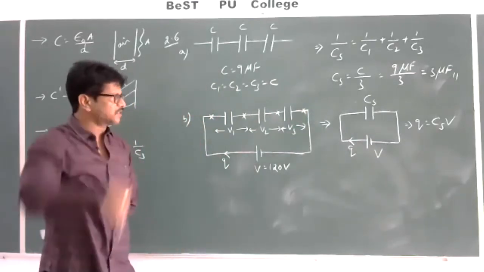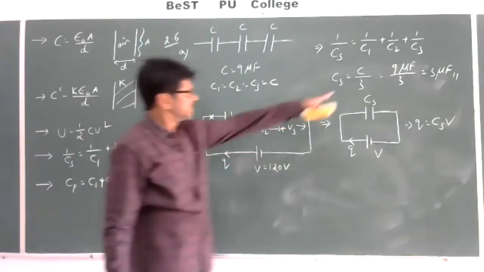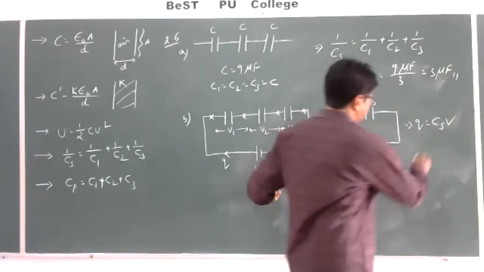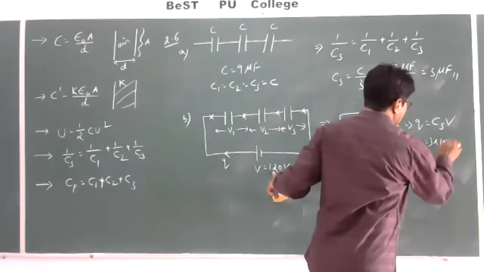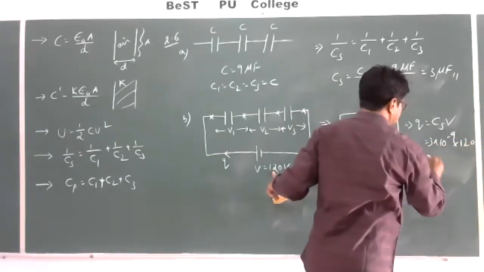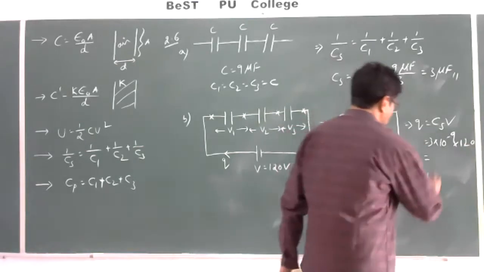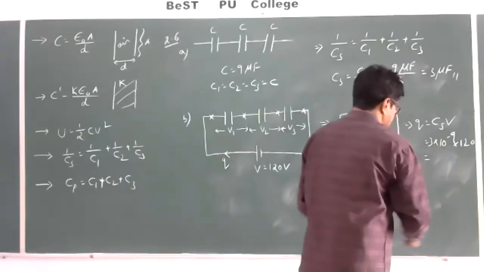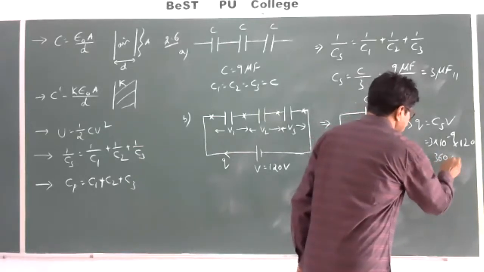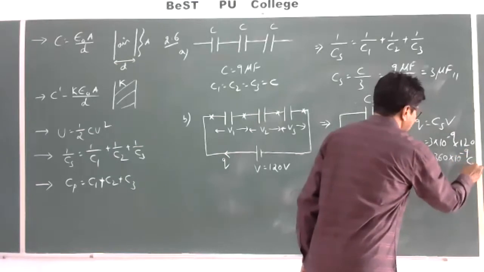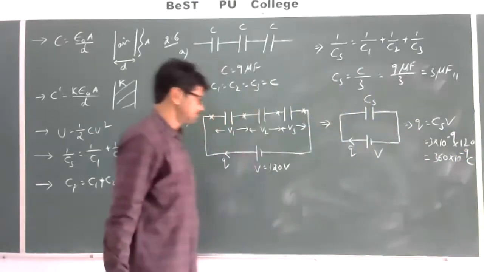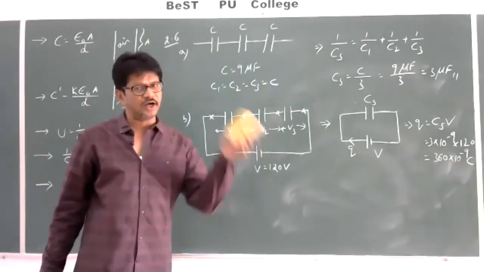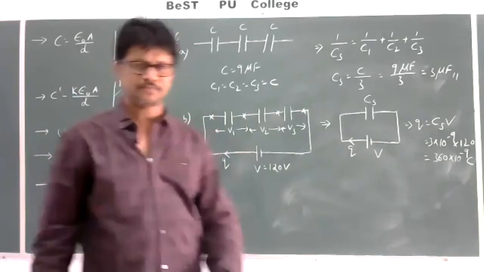Q is equal to Cs into V, where Cs is 3 microfarad and V is 120: 3 into 10 to the power of minus 6 into 120, which is 12 3s are 36, so 360 into 10 to the power of minus 6 coulomb. This is the charge coming from the source.